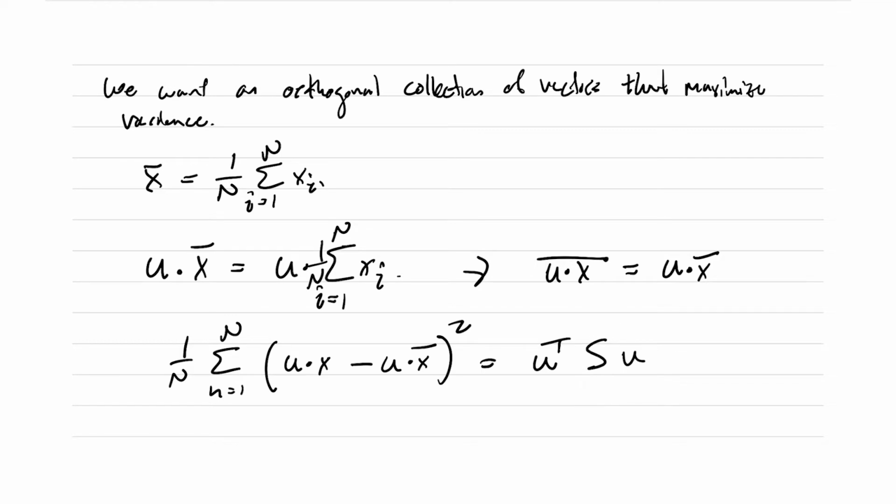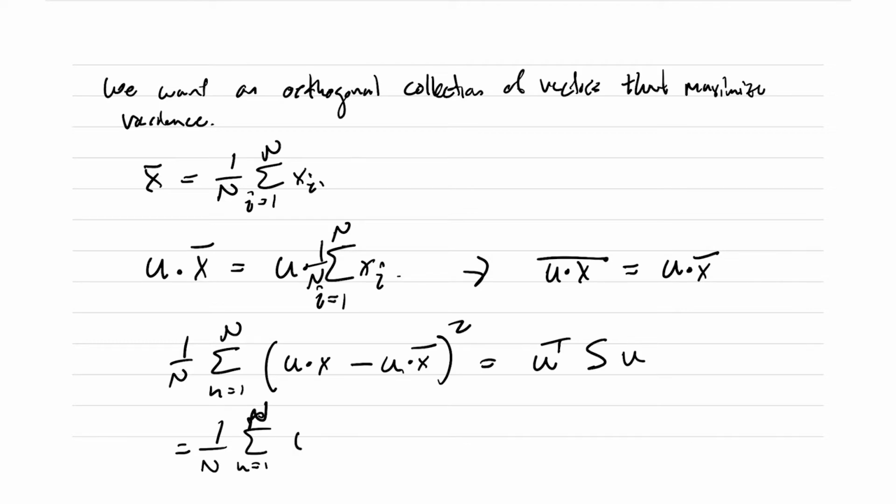And so then what we end up doing is we're looking at 1 over n, the sum, n equals 1 to n of, we change a square for a dot product with itself, and then you can go ahead and extract things. So we can factor out u out of here.